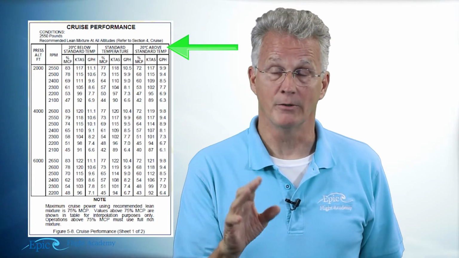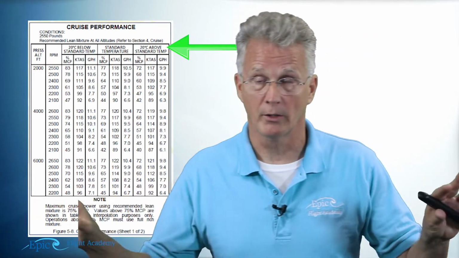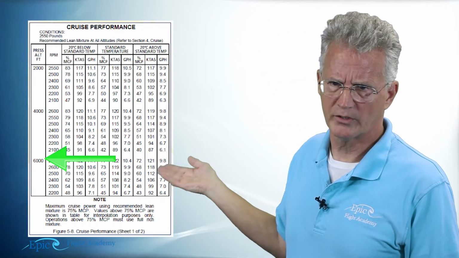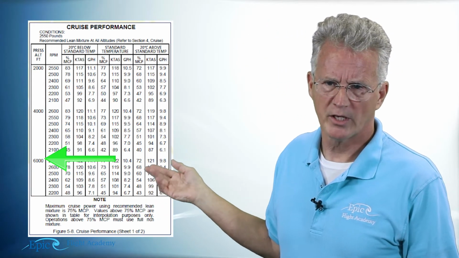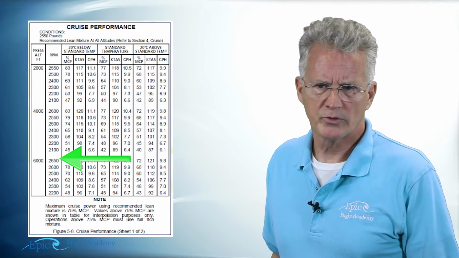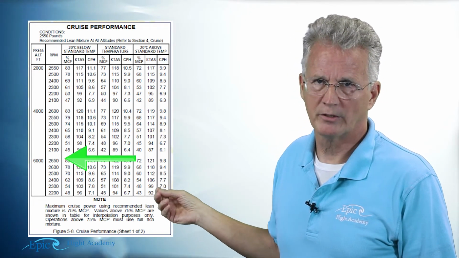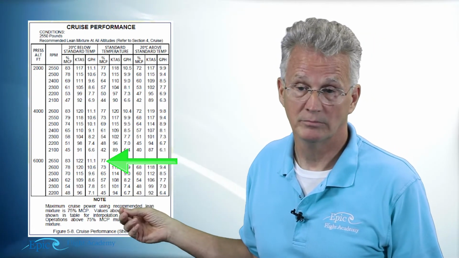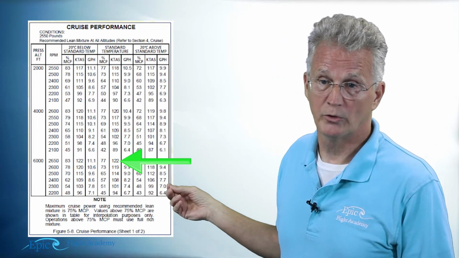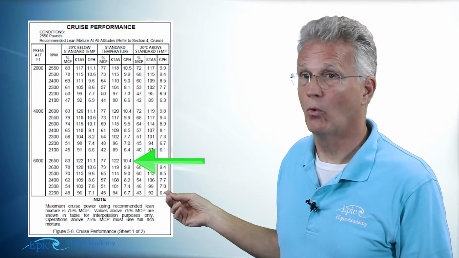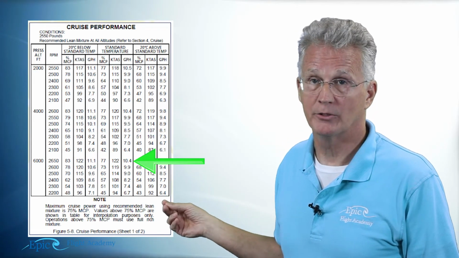If it's standard, now it might be warmer or colder, and I would use a different column. So here we are, 6,000 feet, standard temperature, and it says if I select 2,650 RPM, I'm at 77% MCP, 122 KTAS, and 10.4 GPH.